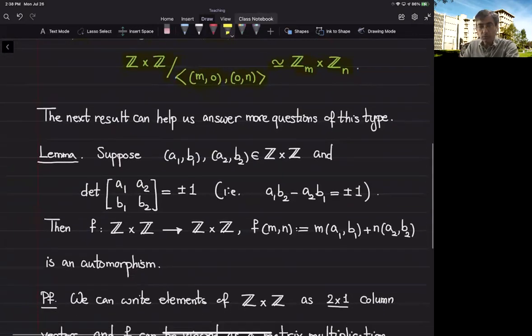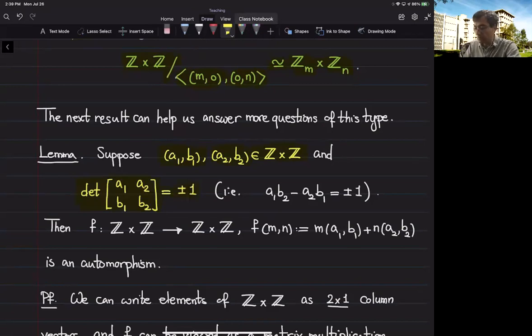So suppose I give you two pairs of integers, a sub 1, b sub 1, and a sub 2, b sub 2. I also assume that the matrix that I get out of putting these a1, b1, and a2, b2 on the columns of this 2 by 2 matrix has determinant either +1 or -1.